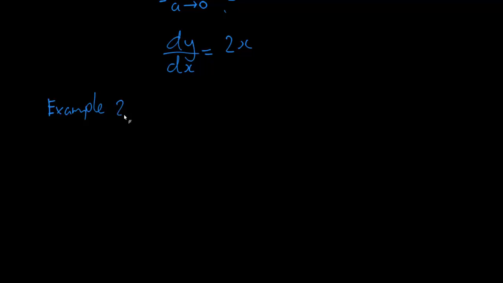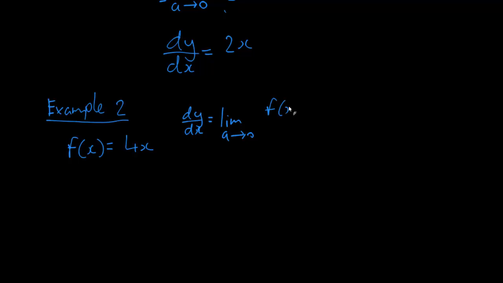Example 2. This time let's do f of x is equal to 4x. So again, we're going to use that equation. I'll just write it down again. dy dx, the gradient function, is equal to the limit as a tends to 0 of f of x plus a minus f of x all over a.